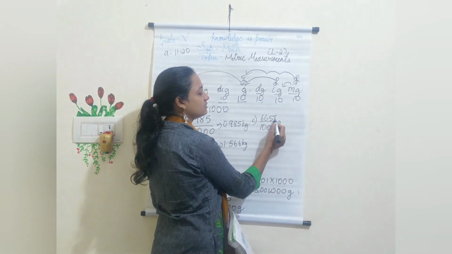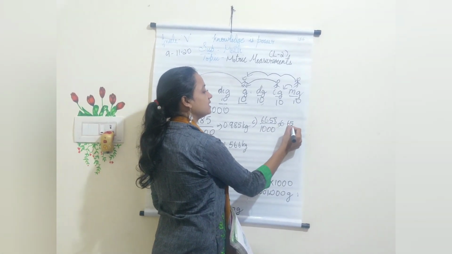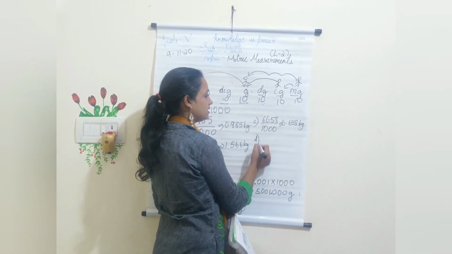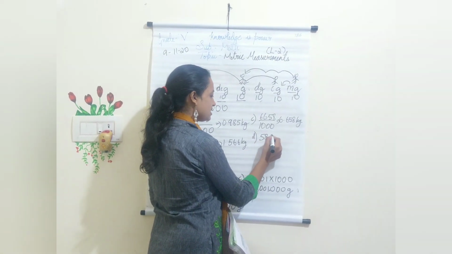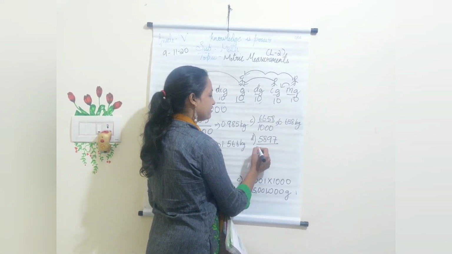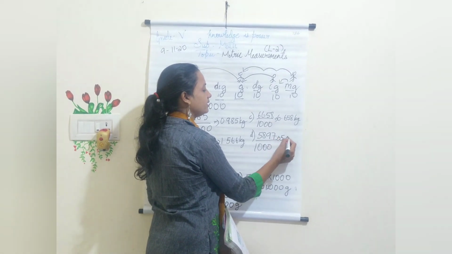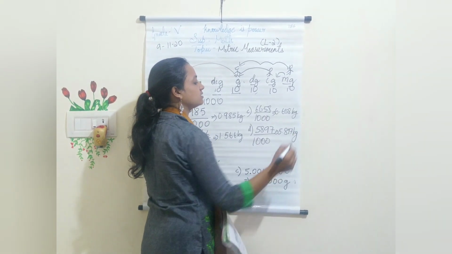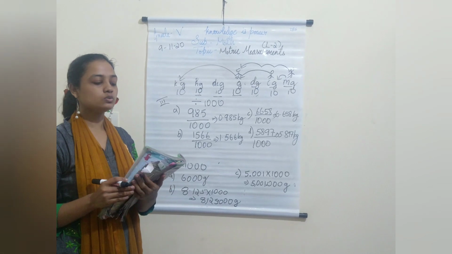You get, after 3 numbers decimal, 6.658 kgs. And D: 5897 divided by 1000. You get 5.897 kgs.